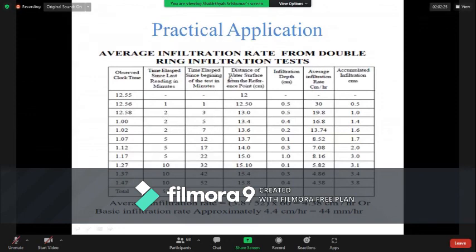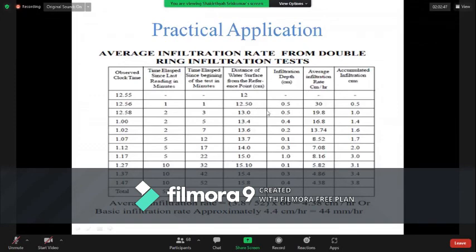elapsed accumulated time interval. Then, initially the water level is at 12 centimeter. At the end of 1 minute, it reaches 12.5. So the difference is 0.5. That is the infiltration depth. At the end of another 2 minutes, it has reached 13 centimeter.